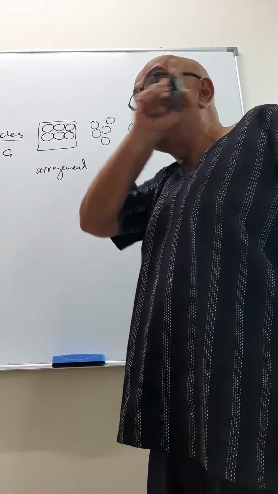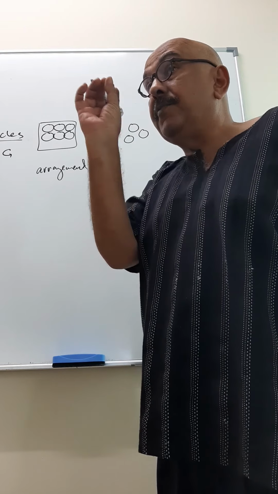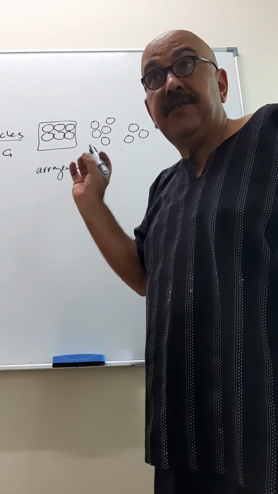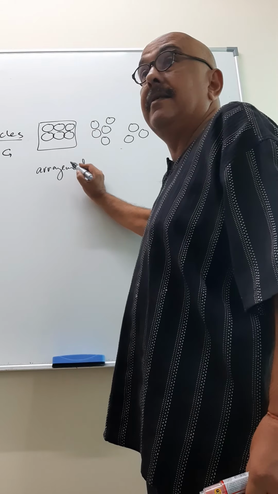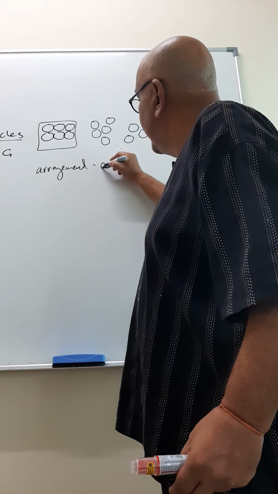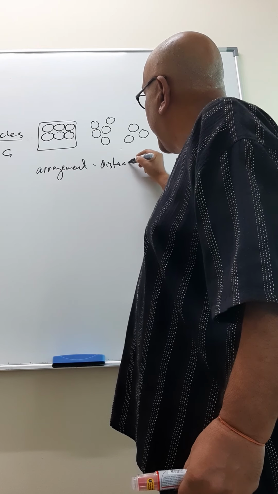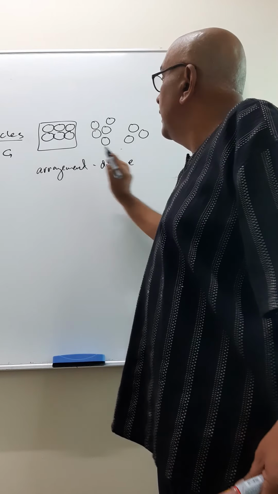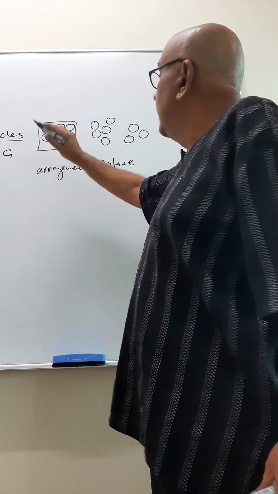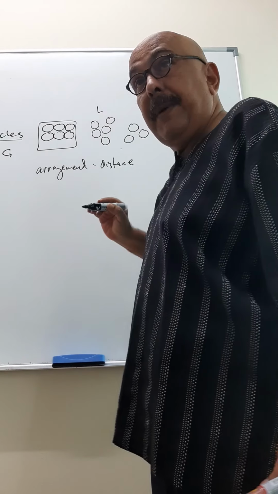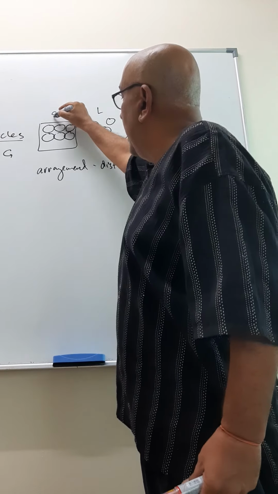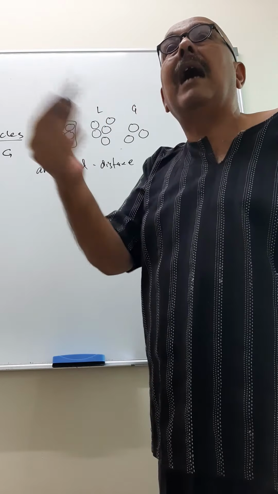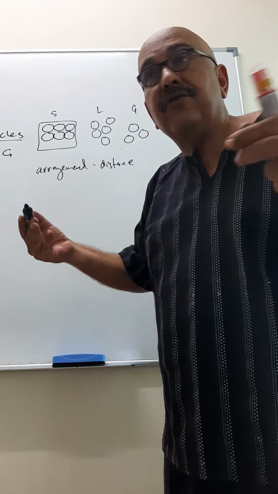The first thing is the distances between the atoms or molecules inside, so we use the words closely packed or far apart. Solids are closely packed. Liquids are closely packed. Gases are far apart.